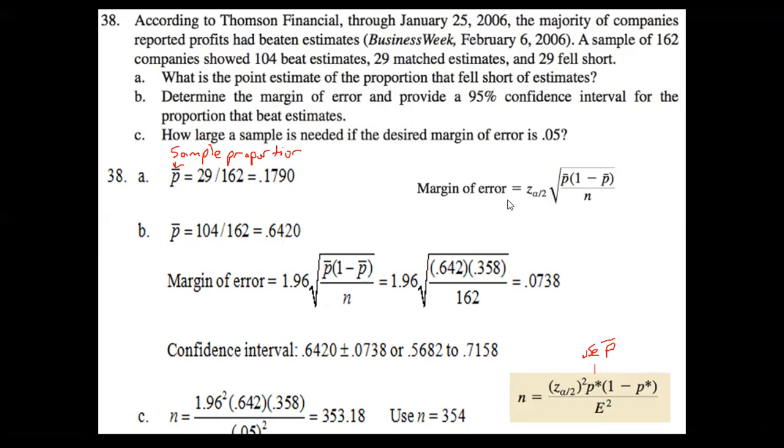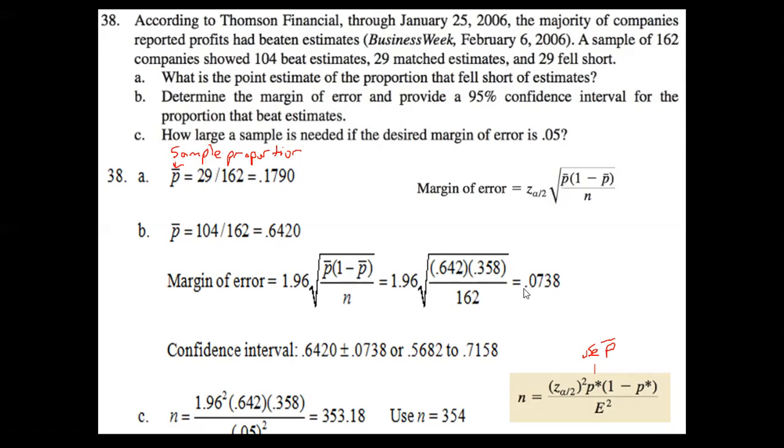Now, the margin of error they want us to calculate, we need to use z alpha over 2 times the square root of the sample proportion times 1 minus the sample proportion divided by n. And so if we plug all that in, for a 95% confidence interval, that's going to be equal to the 1.96 as usual. And then we plug in the 0.642, and then that 1 minus 0.642 is 0.358 divided by the total of 162.